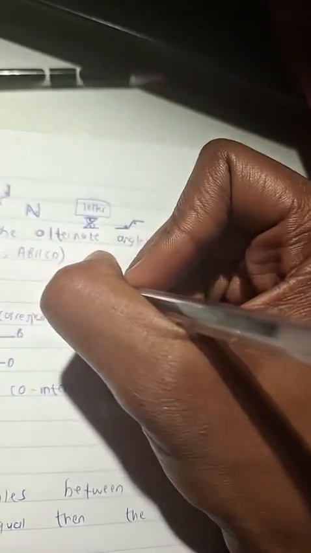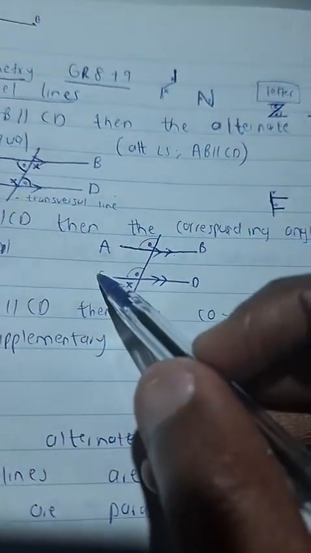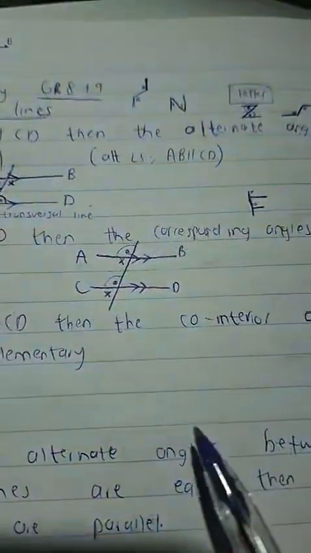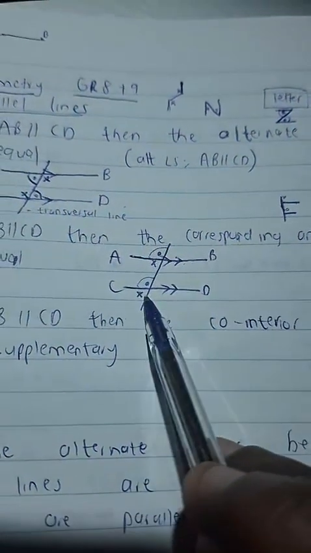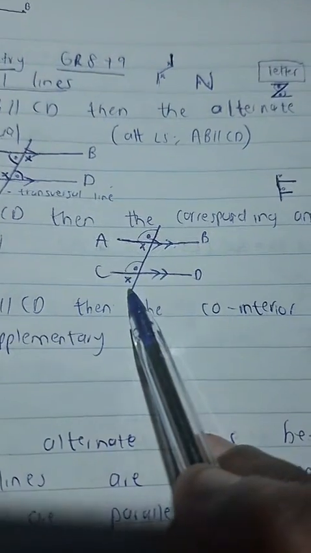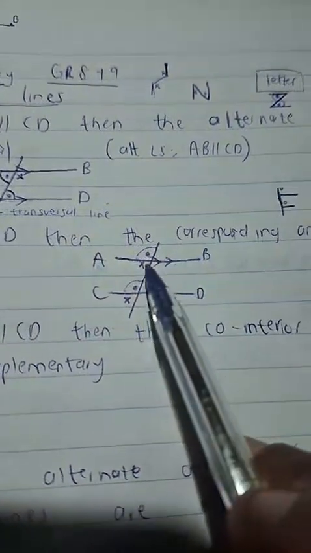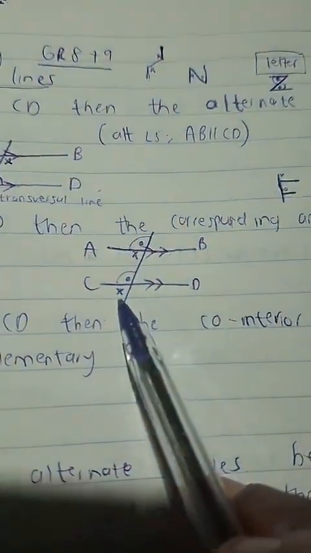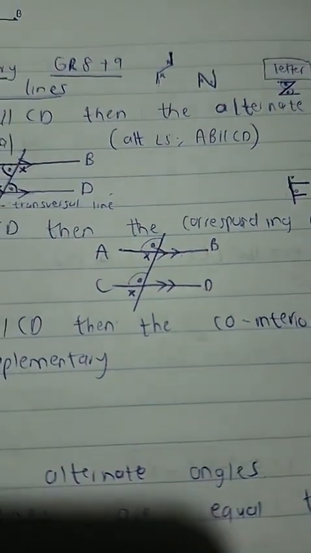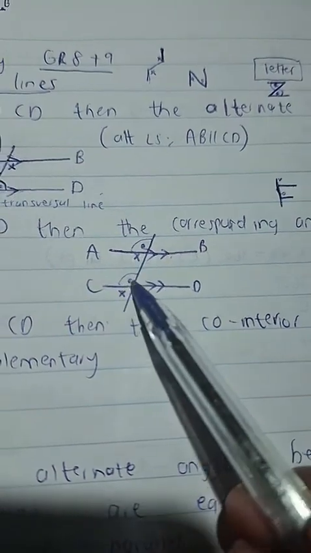So if it's not on top, the other situation would be the bottom of this parallel line. These two angles at the bottom, I usually say corresponding angles: bottom, we are equal. Top, we are equal. I repeat, corresponding is bottom, we are equal.